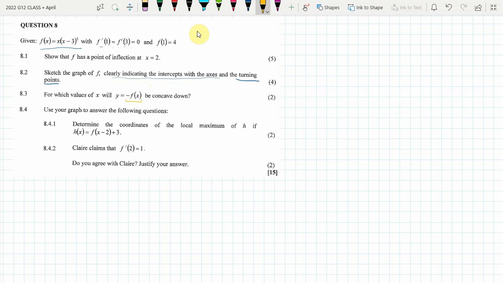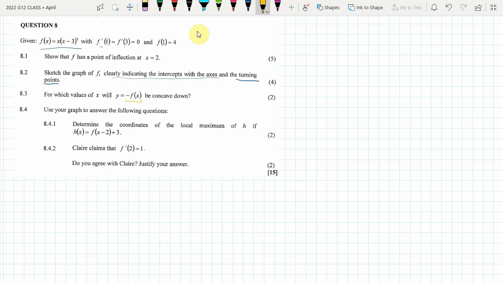If f of x has been reflected on the x-axis. Very good. y is a reflection of f about the x-axis.